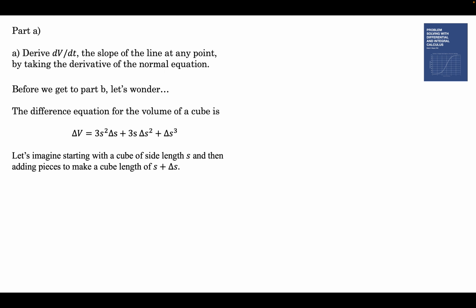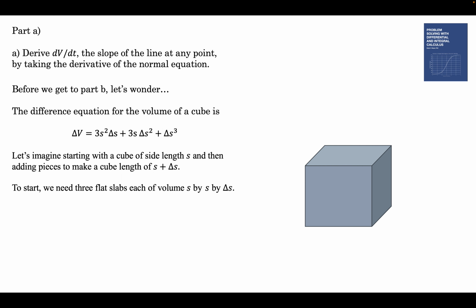So let's start by imagining a cube of side length S and then adding pieces to make a cube of side length S plus dS. We're going to build a complete cube of side length S plus delta S. So we'll start with that cube. It's S by S by S. We need 3 flat slabs, one on the front, one on the side, one on the top, and they're going to be S by S, and then they're delta S thick.